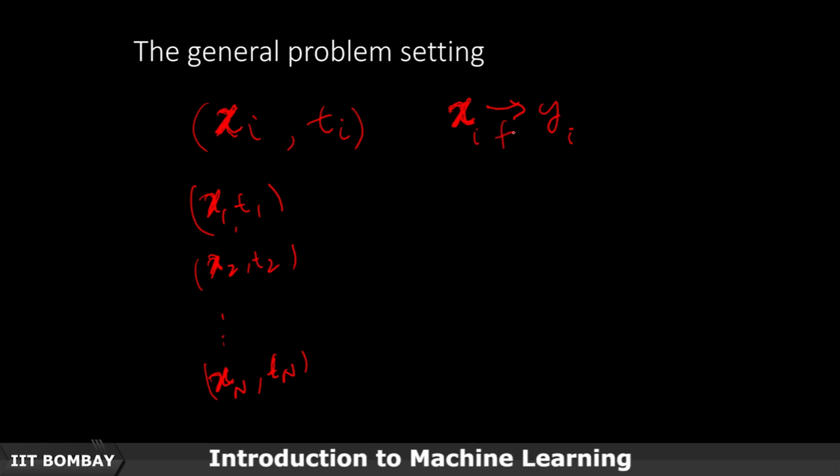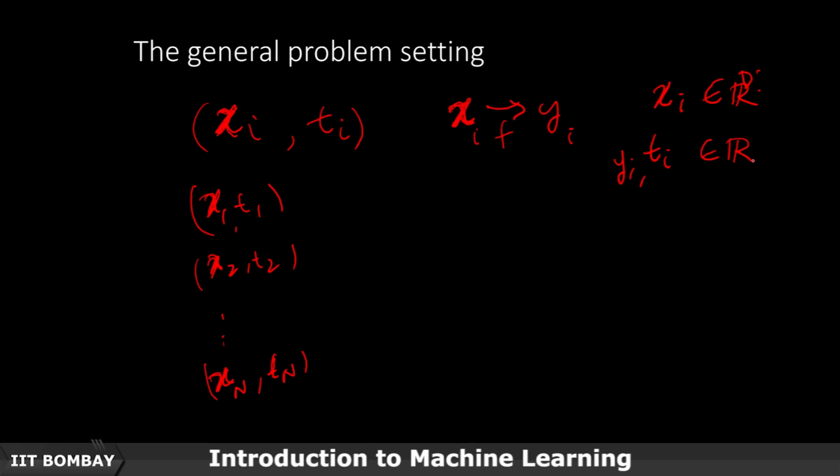So we have our xi, it belongs to R to the power d, a vector of d real numbers, whereas our ti and yi belong to a scalar, so it's just R to the power 1. That's the general setting, and we want yi to emulate ti. So we want the function to come as close to ti as it can, and because of that it will reduce the error in the estimation.